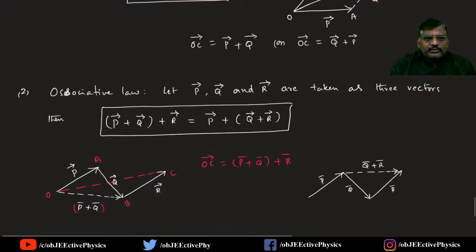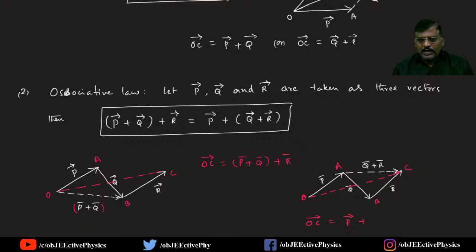Next, P bar is one vector in the second diagram. Q bar plus R bar is taken as second vector. So we can draw this line, say as it is, O, here A, B and C. In the second diagram, OC bar is equal to P bar plus Q bar plus R bar.